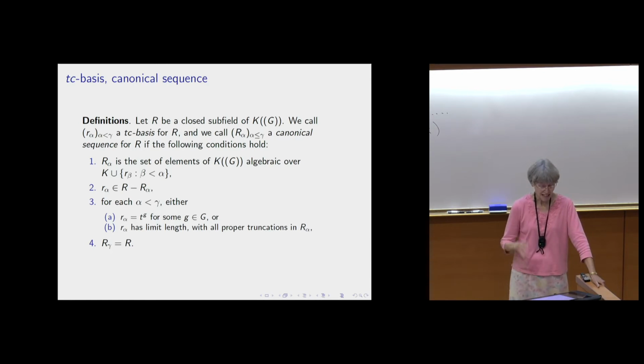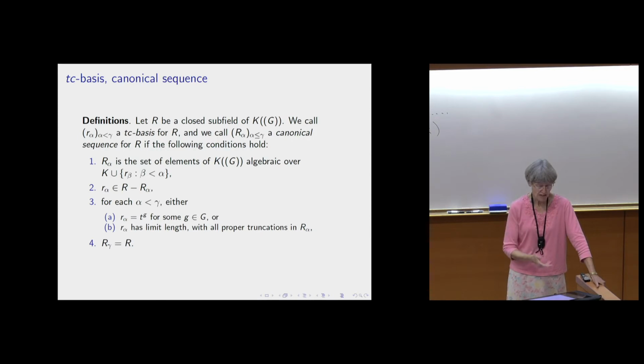Then there's a notion of a special kind of transcendence basis for R over K. So let R again be a closed subfield of K((G)), and we'll call a sequence r_alpha, alpha less than some gamma, a truncation closed, or TC, basis for R. At the same time, I'll define a sequence of subfields of K((G)), R_alpha. I'm going to call that a canonical sequence for R if the following conditions hold.